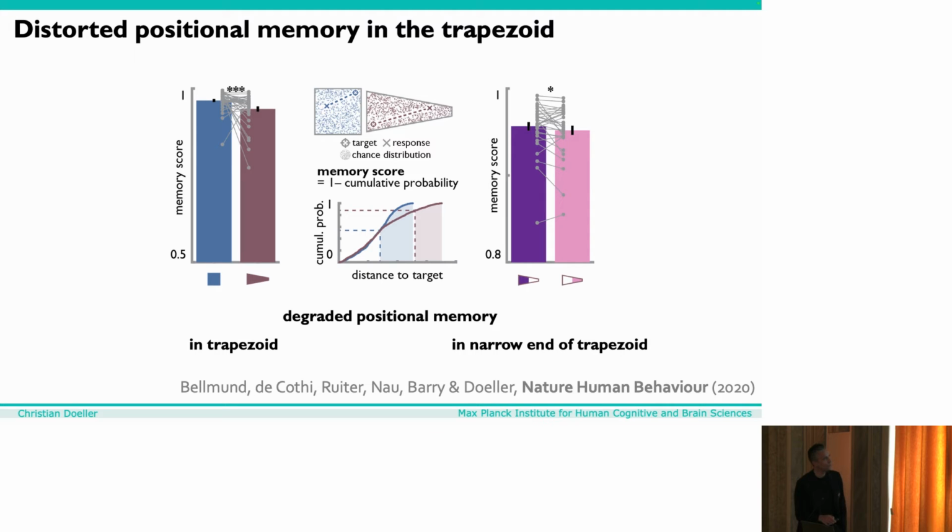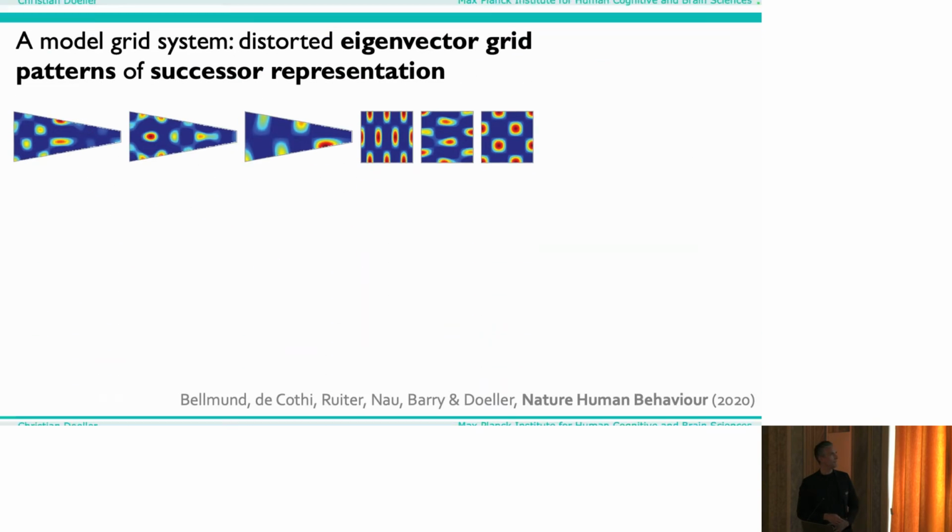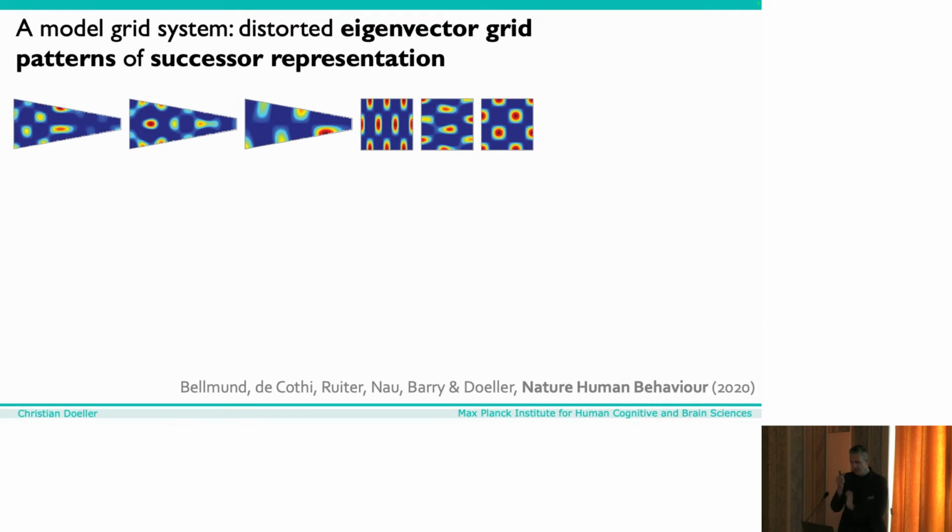And they are also worse in the narrower part of the trapezoid compared to the broader part. So you see small but highly significant behavioral differences between the 2 environments and then within the trapezoid environment. Then we wanted to link this purely behavioral study more with what we know about grid cells.